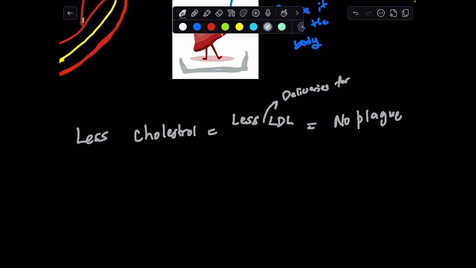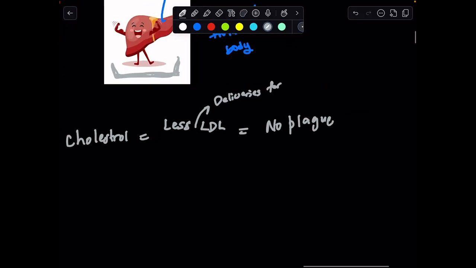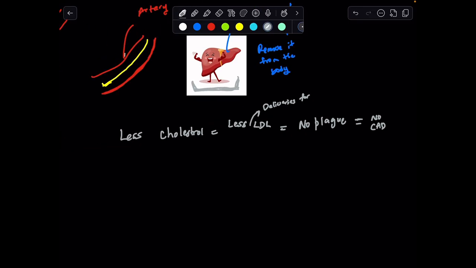And no plaque equals no coronary artery disease. So that just goes to show how important of a role the delivery drivers play.